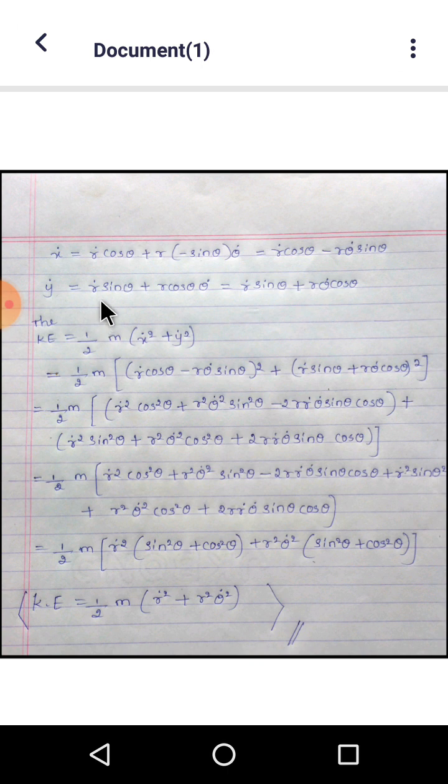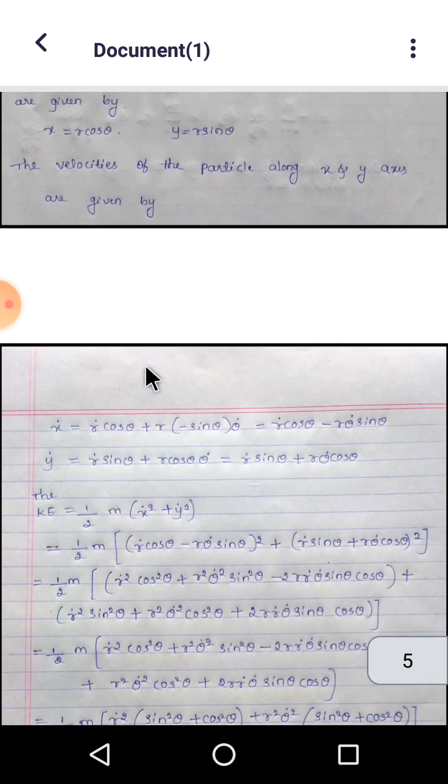differentiation: ẋ. See here, x equals r cos θ. For ẋ, there are two terms, r is one and cos θ is one, so u into v.